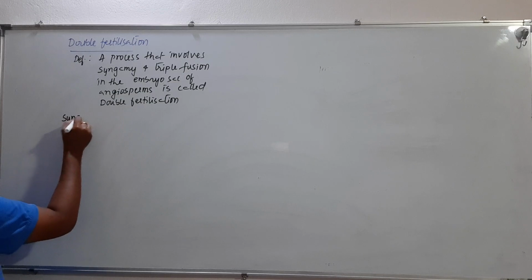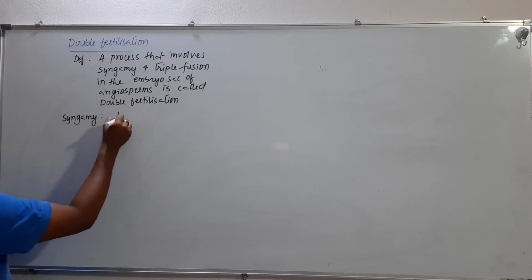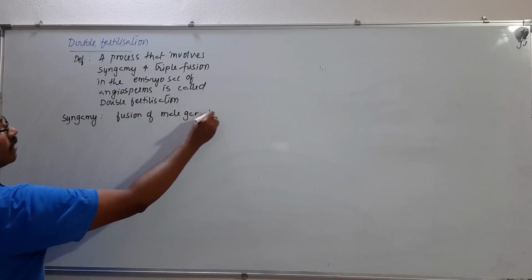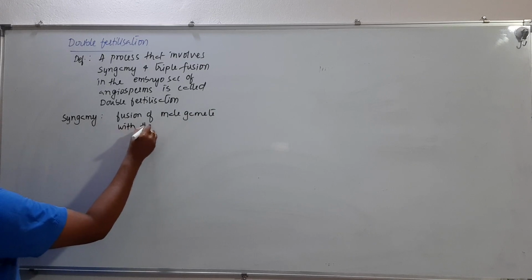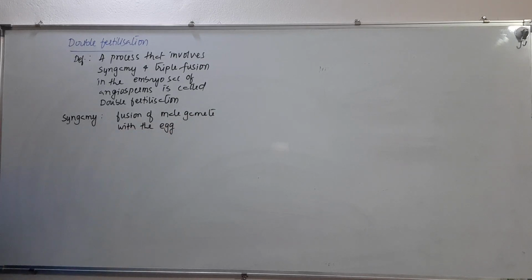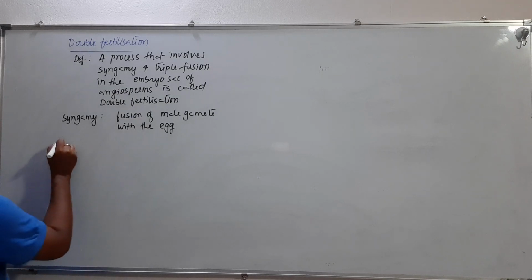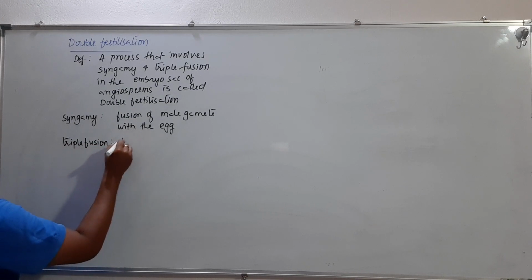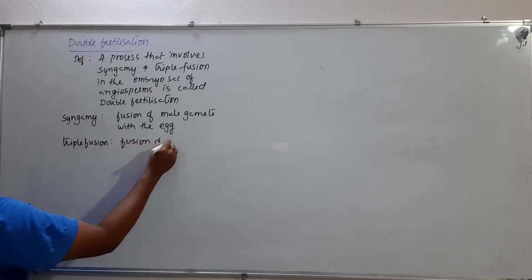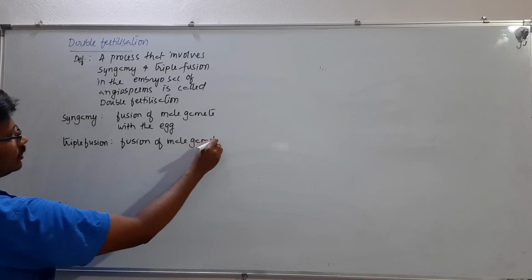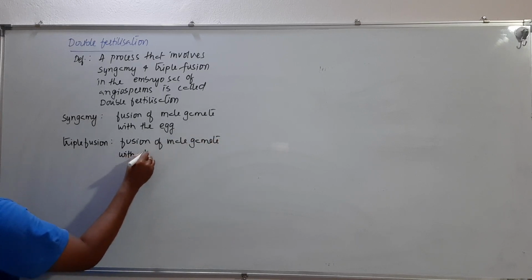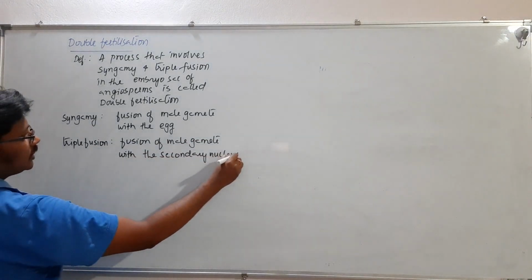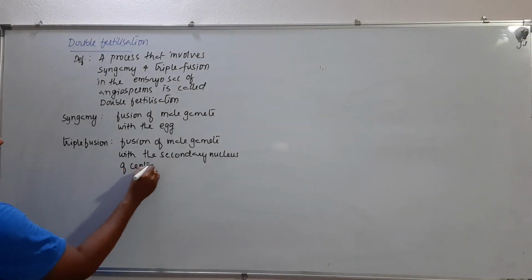So here syngamy is fusion of male gamete with the egg. So this we call syngamy, and triple fusion is again the fusion of male gamete with the secondary nucleus of the central cell.